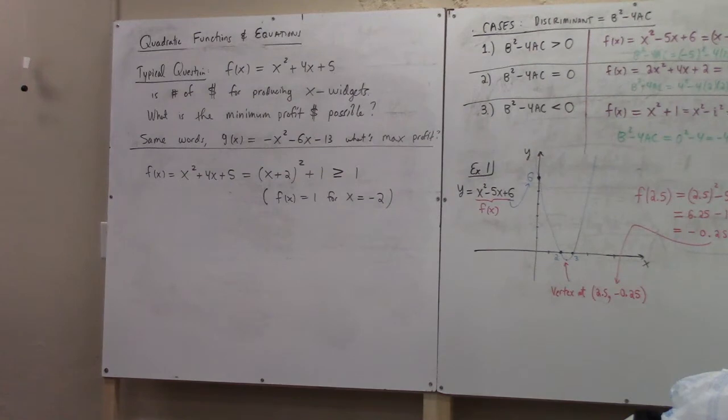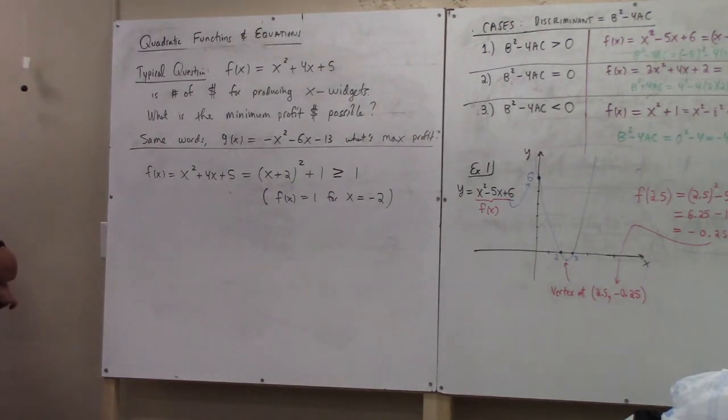You could argue that the problem doesn't make sense in a certain sense. But anyway, if x equals minus 2 widgets made sense, then the answer would be x equals minus 2. And the minimum profit is what? It's $1, right? Maybe instead of dollars, it's actually in millions of dollars. The minimum profit's $1 million. We can add units to make it make more sense.